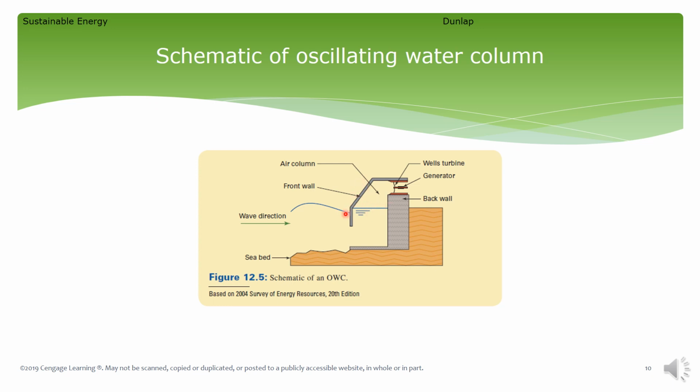This is a front wall, and this is the air column. When it comes in, the surface goes up and the air column moves. As it moves, it operates the generator, so it can produce electricity. When the wave comes down, the movement of air is reversed and goes in this direction.